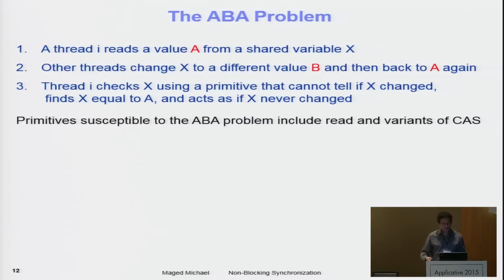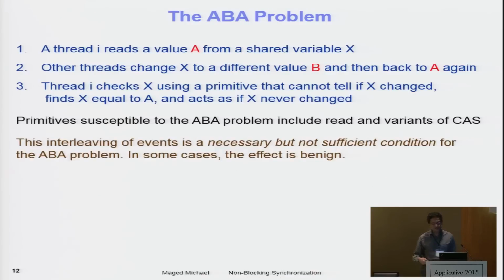So primitives susceptible to the ABA problem are read and variants of compare and swap, whether on two independent locations, or 4 independent locations, it doesn't matter. They all have this characteristic: as long as they are reading a value and comparing it with an expected value, they are susceptible to this problem.